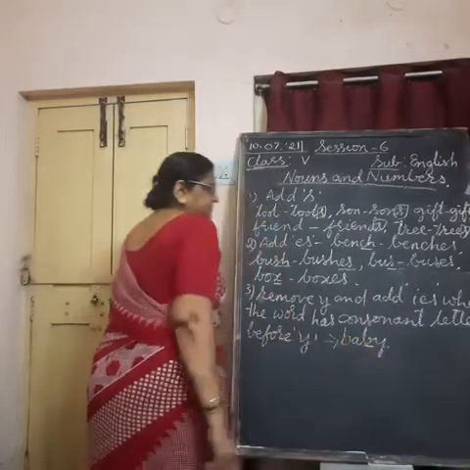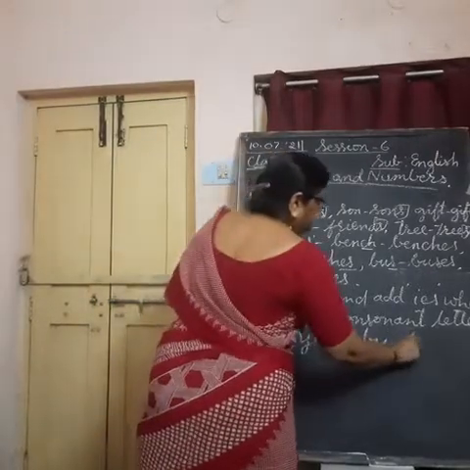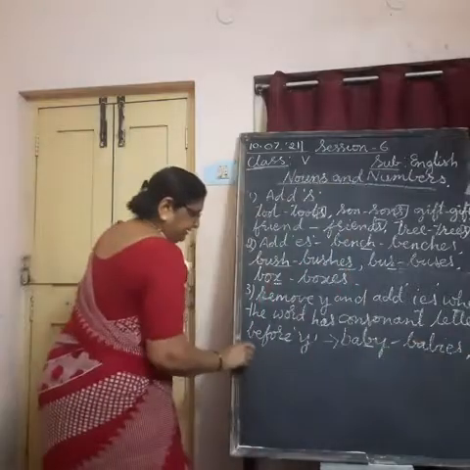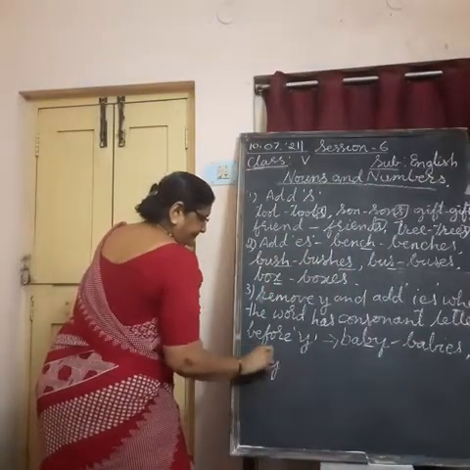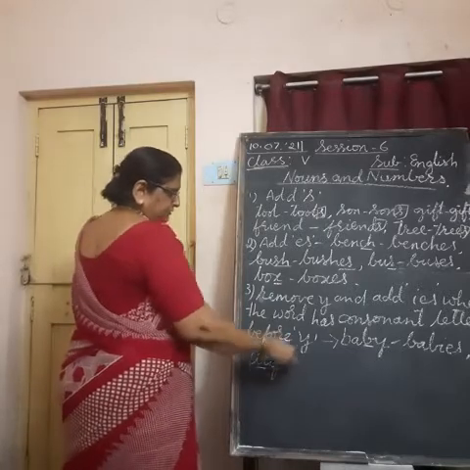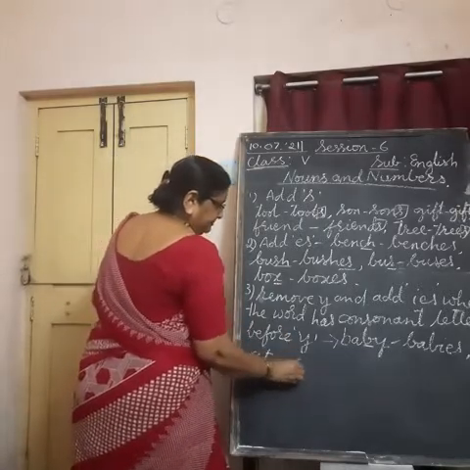B is a consonant, so we are adding ies: B-A-B-I-E-S. City. T is a consonant. Before y we have a consonant, so cities.